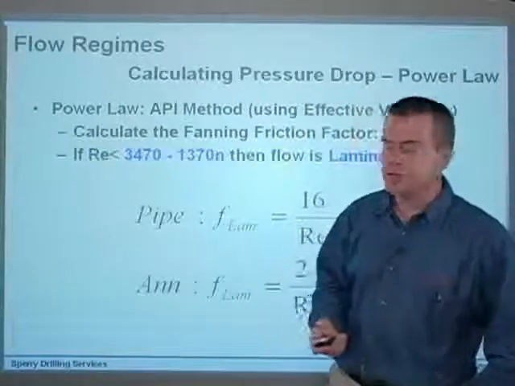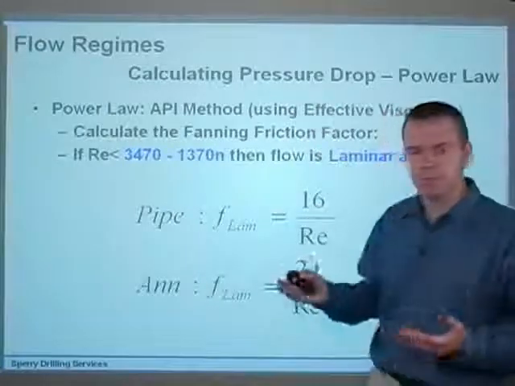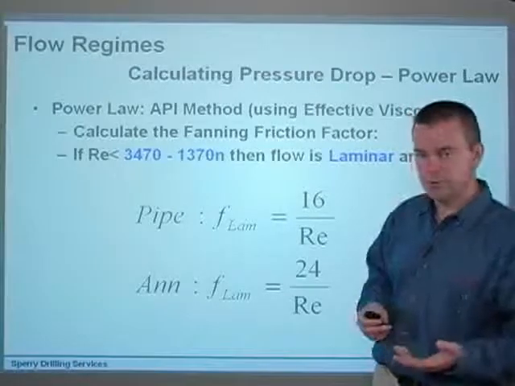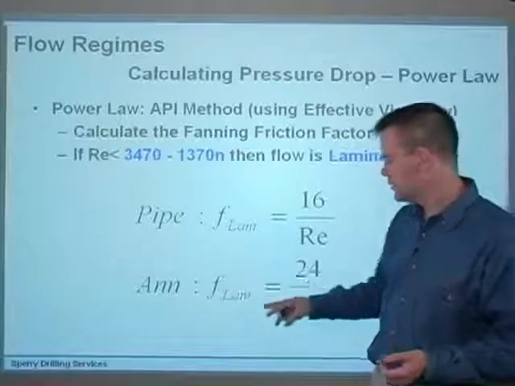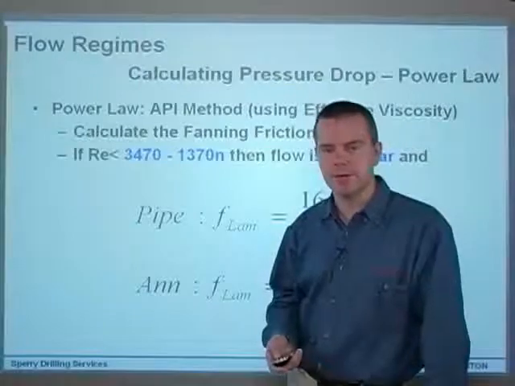If the Reynolds number is less than your laminar boundary, then you use a couple of very simple equations for fanning friction factor for laminar flow. Inside the pipe, you've got 16 over the Reynolds number, and for inside the annulus, it's 24 over the Reynolds number, and that's it, simple as that, for laminar flow.